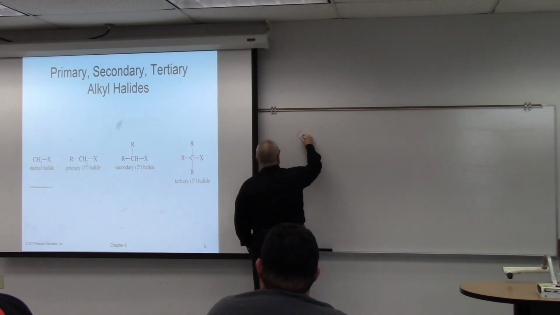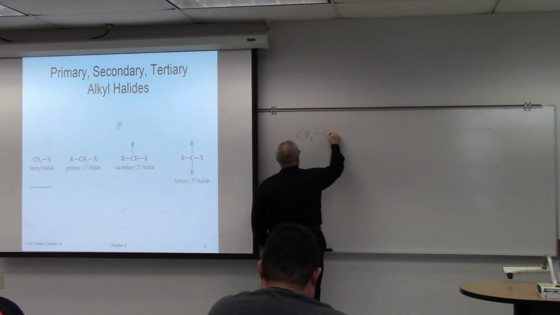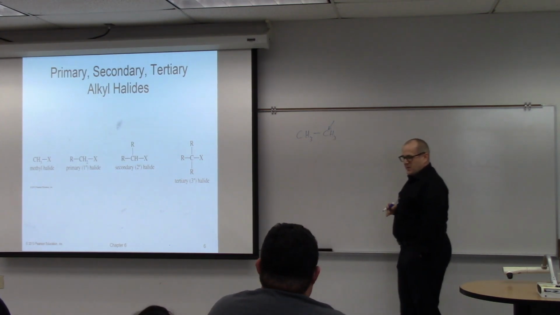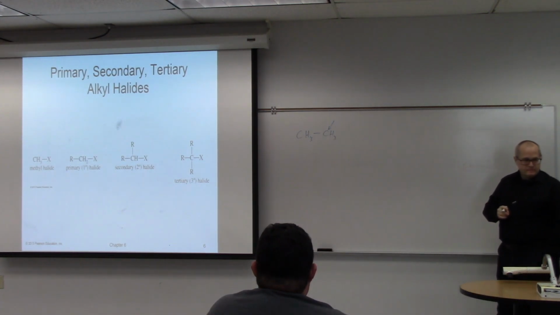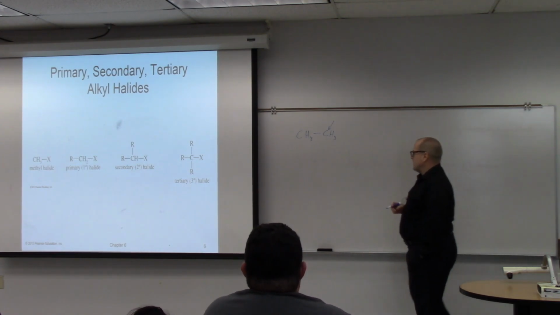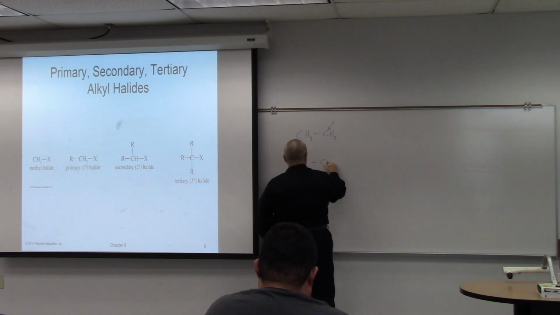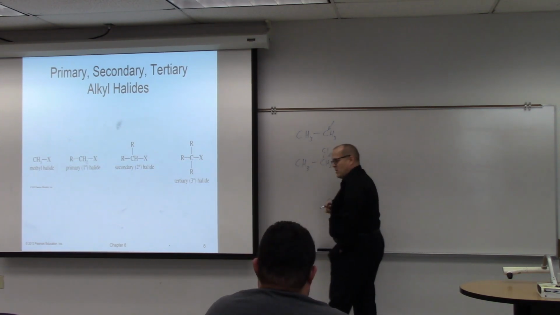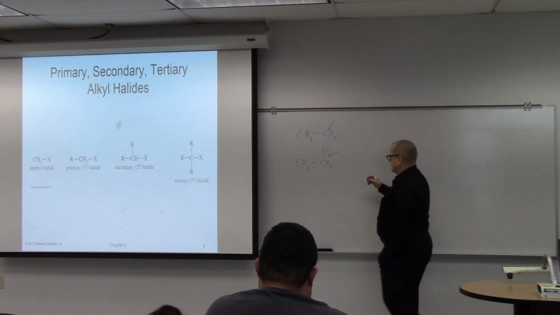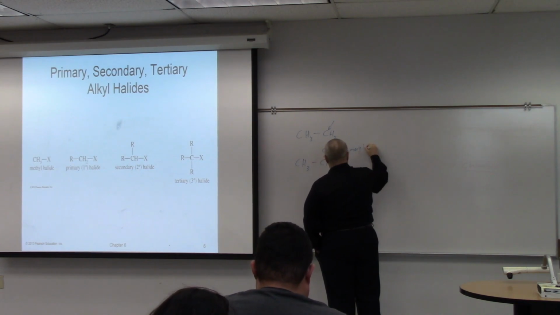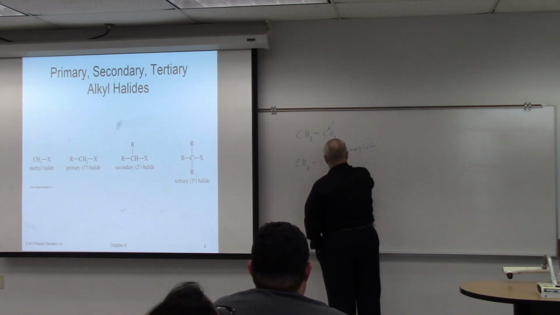Now, if you had something like this, CH3CH3, if you just had that, you would have called that carbon primary, right? It's a primary carbon. So, if you put a halogen on it, that is a primary halide.